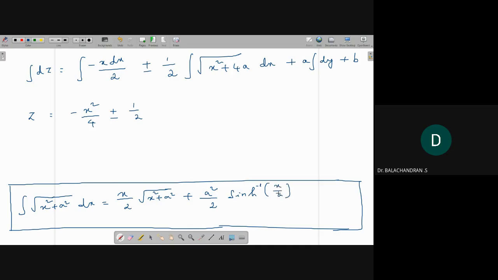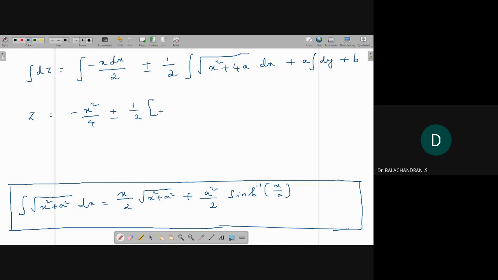So this is the formula. Here a square equal to 4a, so a equals 2 root a.